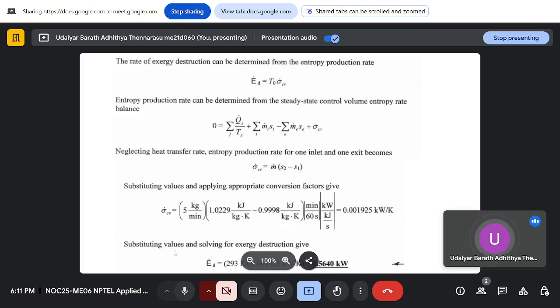Substituting into the exergy destruction, it is T naught, the ambient temperature in Kelvin, times the entropy generated. So 293 plus 20 Kelvin is my dead state temperature or ambient temperature, times 0.001925, which gives 0.5640 kilowatt.